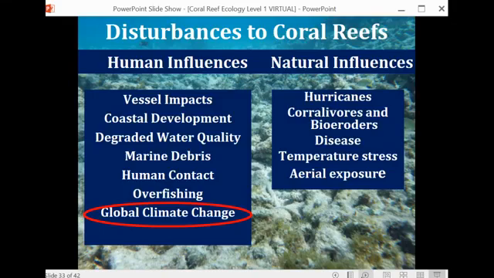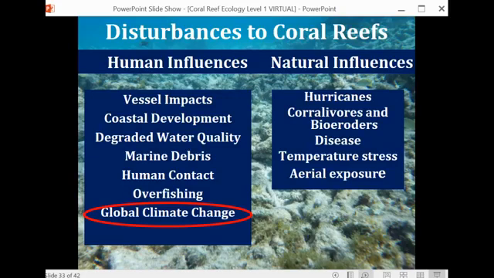Some of the unique circumstances that are happening to corals because of global climate change have to do with the increasing water temperature. Some of you guys pointed out corals need warmer water, but they need more than anything a stable water temperature. So the water can't be too cold, but it also can't be too warm.